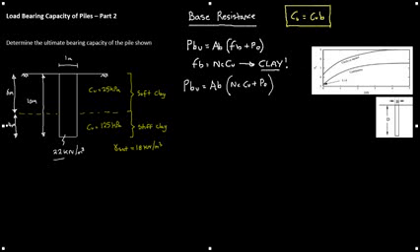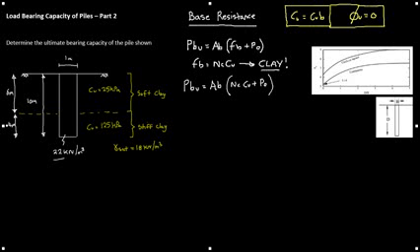The value of NC can then be obtained from Skempton's chart, and the Skempton's chart is for when the internal friction angle, or the undrained internal friction angle, is equal to 0. So let's start calculating the base resistance.